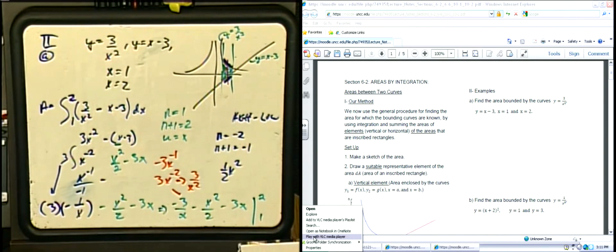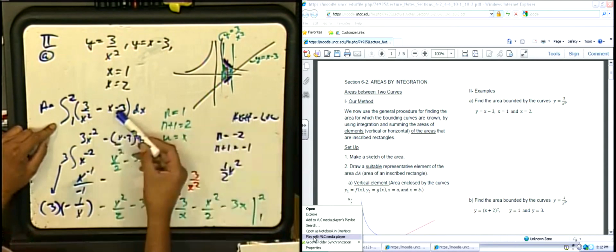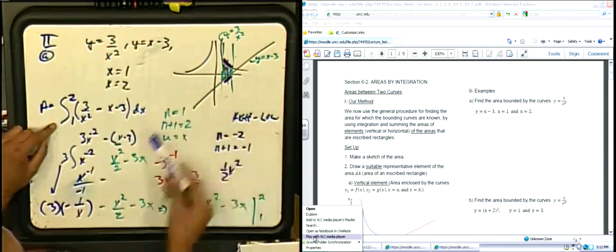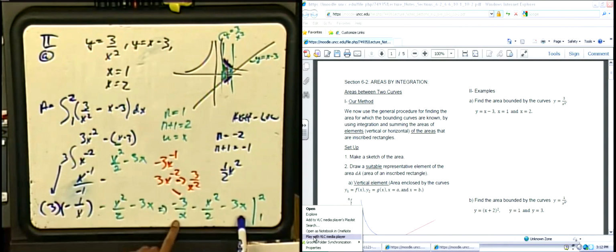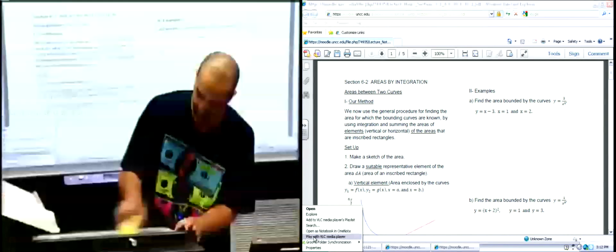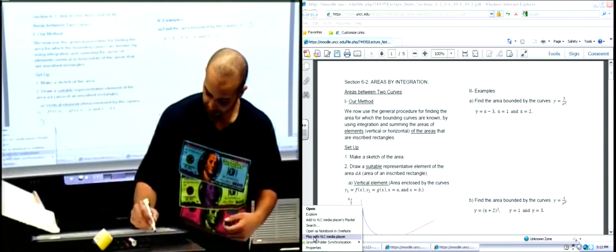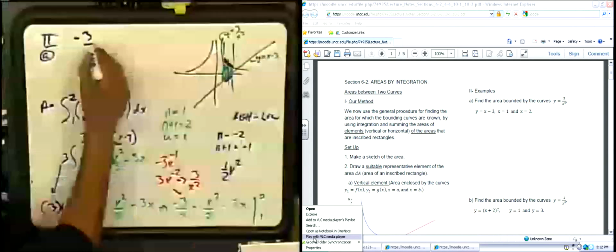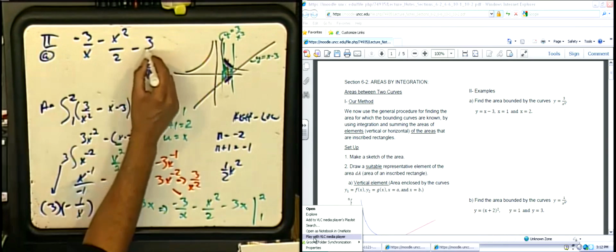Upper limit, lower limit. Okay, what we did was write the equation, upper minus lower, high minus low, and take the antiderivative of the equation you wrote, and this is what we came up with. Let me erase this stuff so I have room. So we came up with negative 3 over x minus x squared over 2 minus 3x.